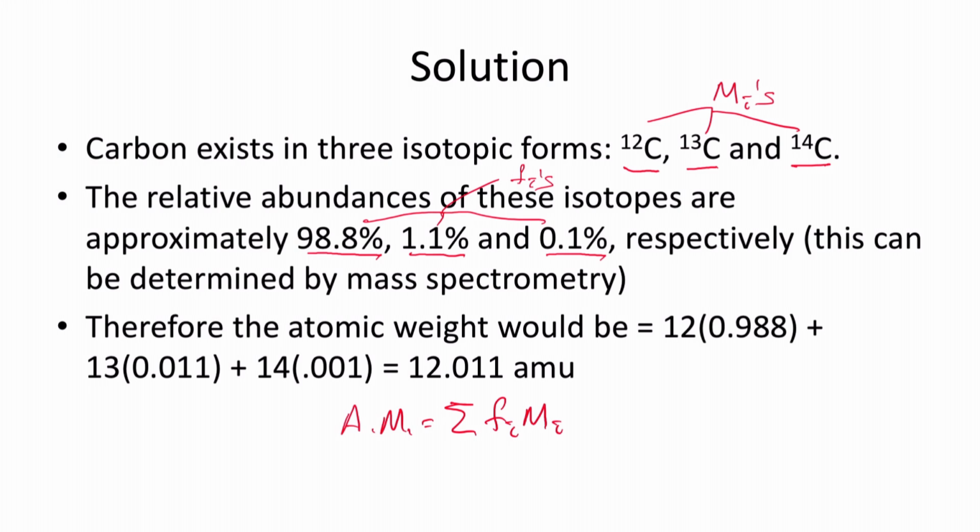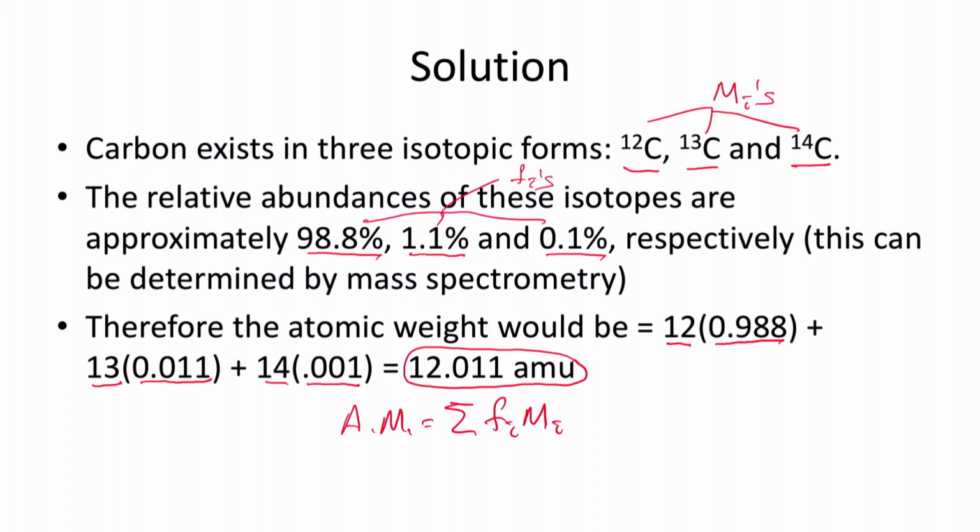For example, if the mass number is 12, the fractional abundance is 0.988. That's 98.8% expressed as a decimal. The second fractional abundance is 0.011 when the mass number is 13. And the last one, for carbon-14, has a relative abundance of 0.001. If I multiply all these numbers and add them all up, I get 12.011 AMUs.